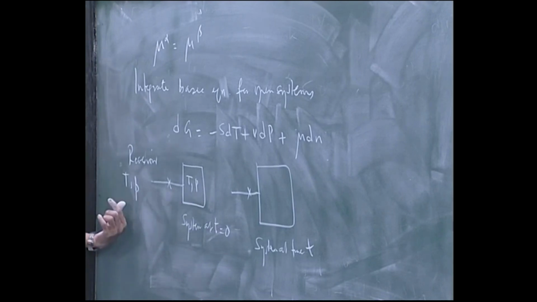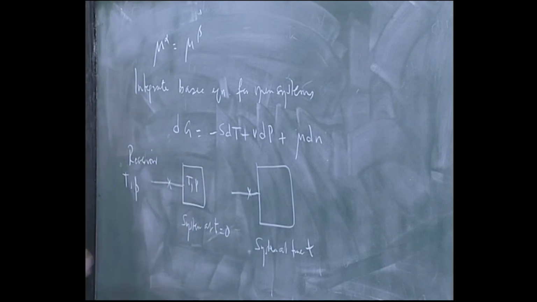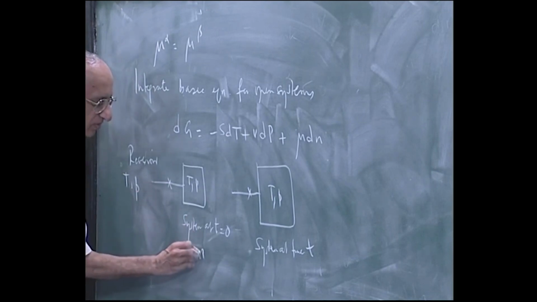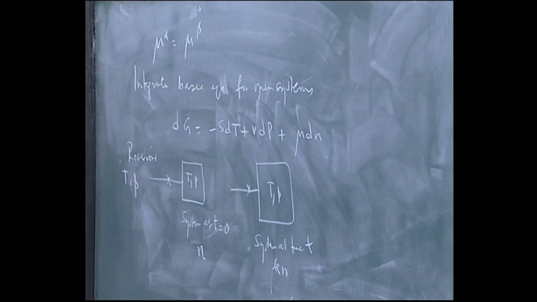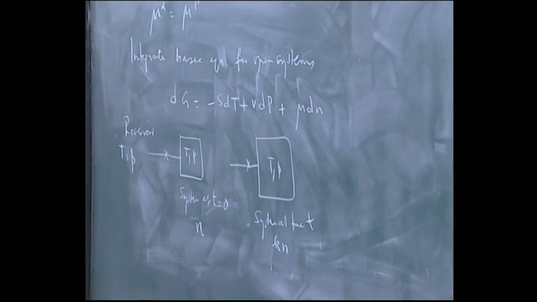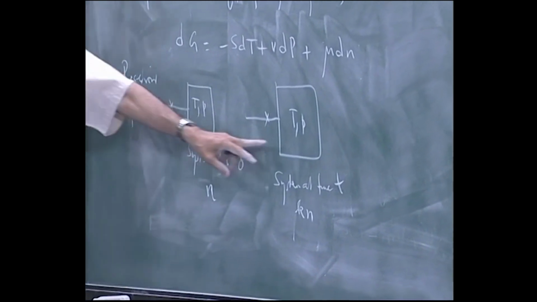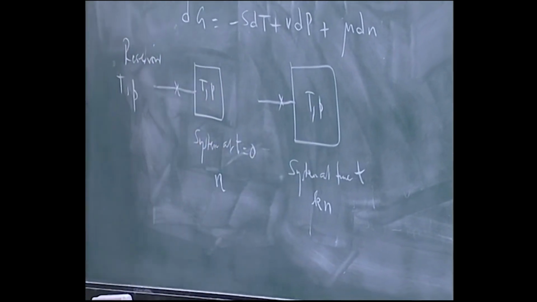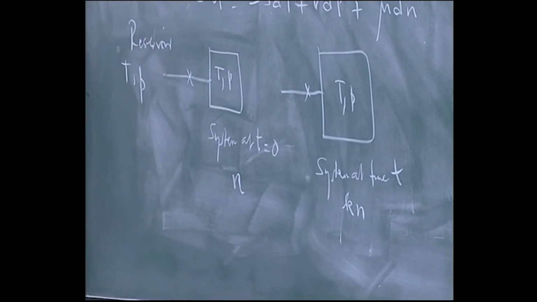I simply take this box, I add more fluid to the reservoir and make sure its volume changes so that the T and P remain the same. The only difference between these two states is I have n moles here, I have k times n moles here. I keep the intensive variables the same so that the specific state of the system remains the same. If I take 1 mole of the substance here, 1 mole of the substance here, the state is the same because T and P are the same.